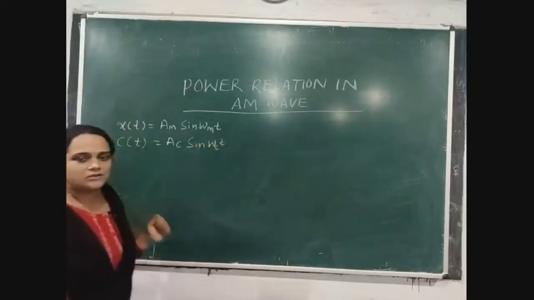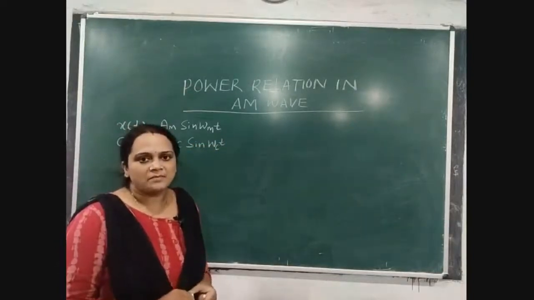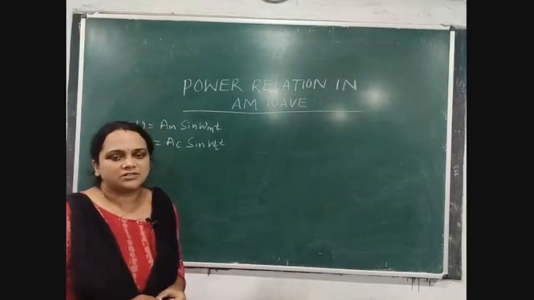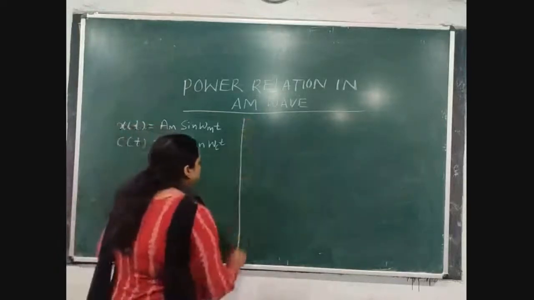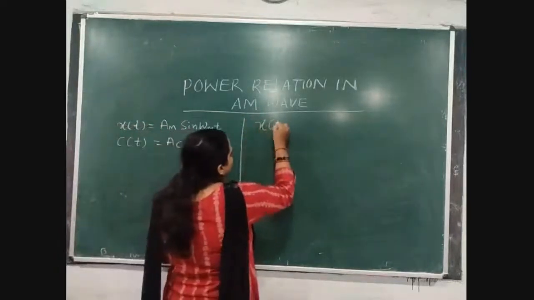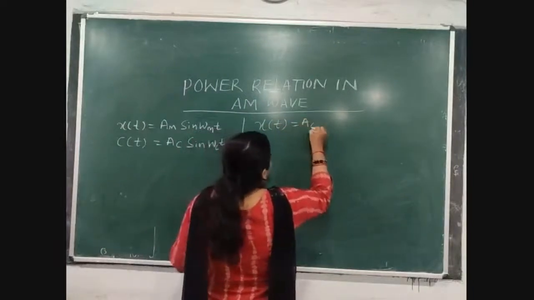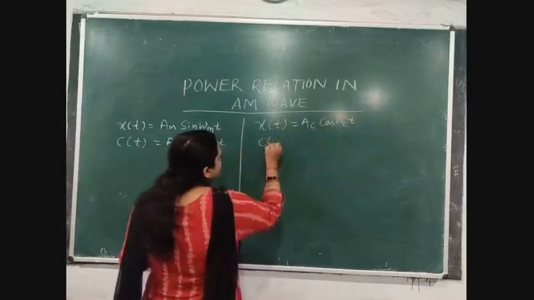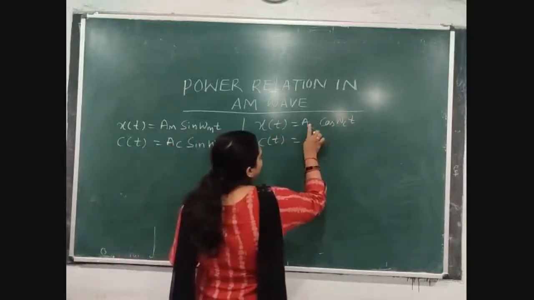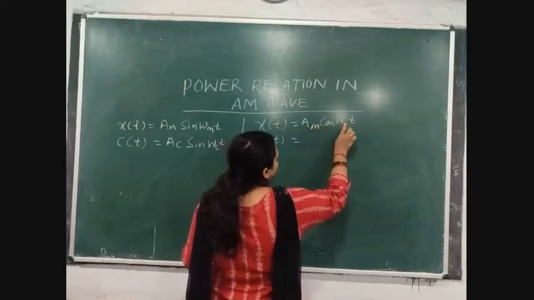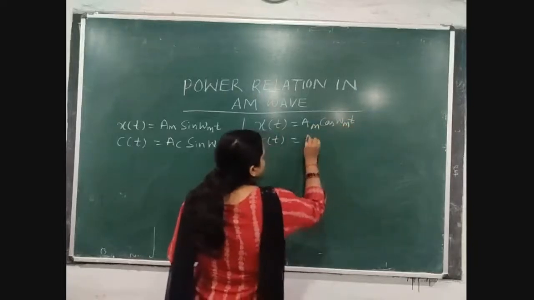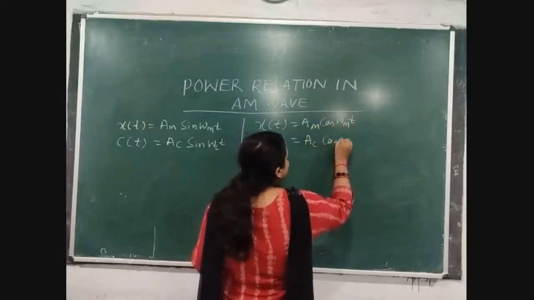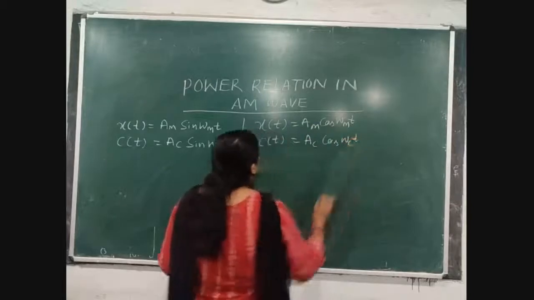We can also find the amplitude modulated equation using x of t equal to Am cos omega mt and c of t equal to Ac cos omega ct.